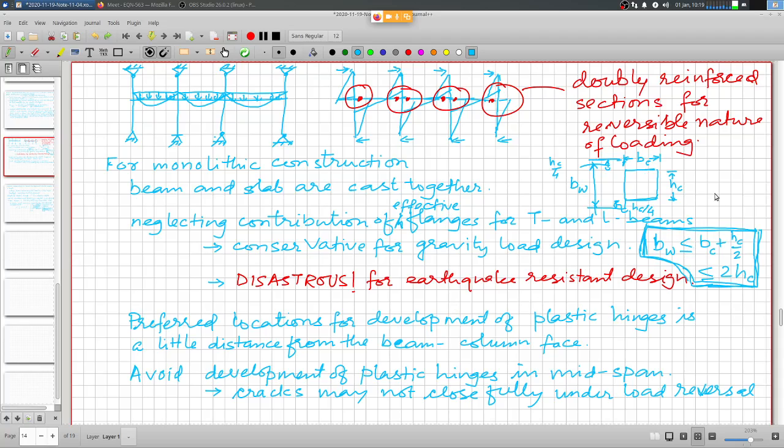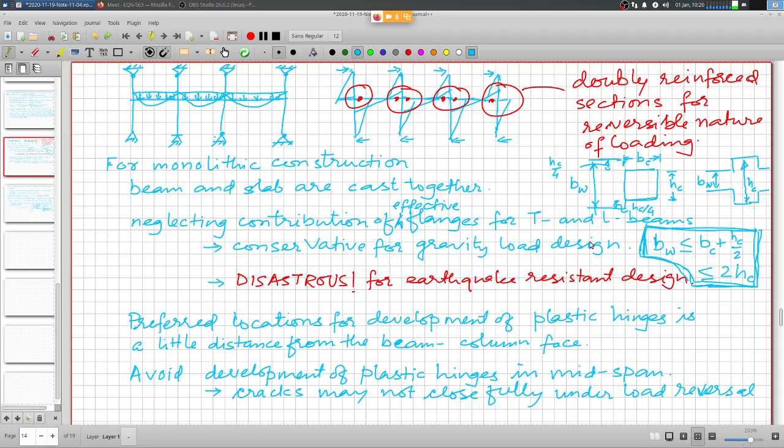So the other condition could be when the beam width is like this and the column is somewhat larger than the beam width, right? The depth of the column is much larger than the beam width that is framing in.